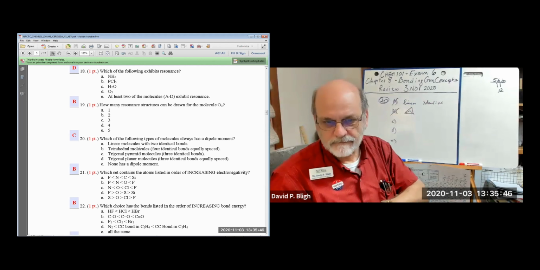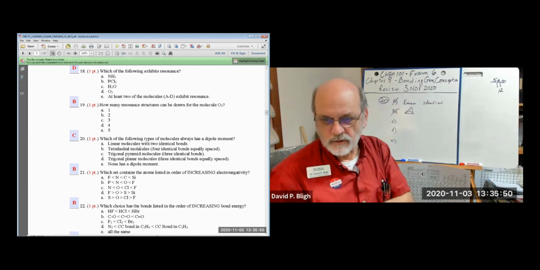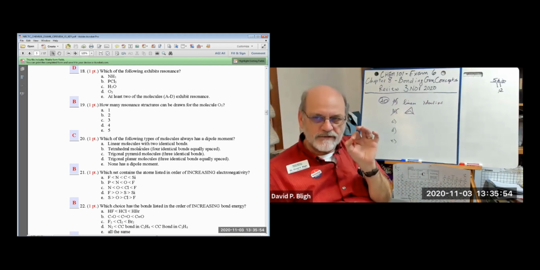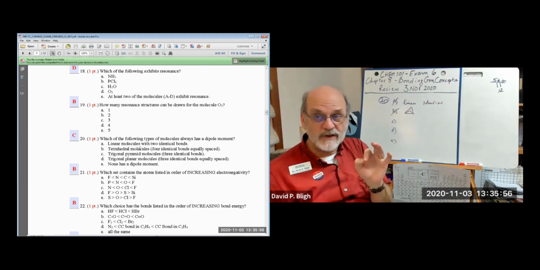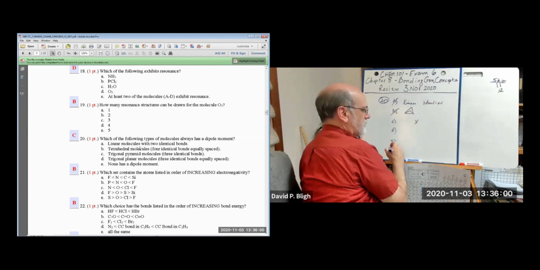How about C? Trigonal pyramid molecule with 3 identical bonds. So if the molecular structure is trigonal pyramid, why is it trigonal pyramid? Right?